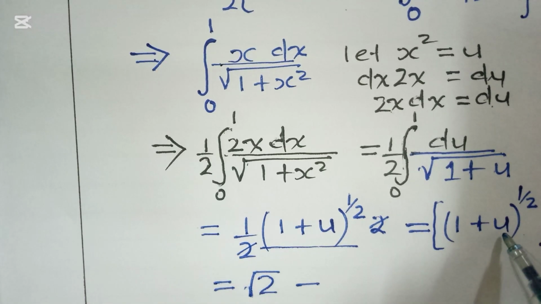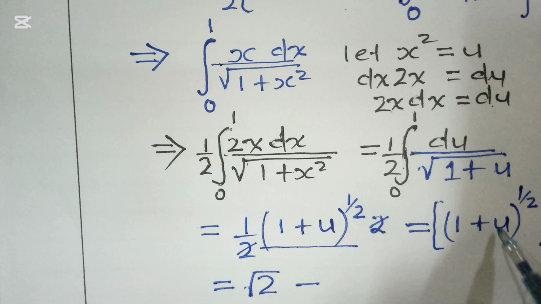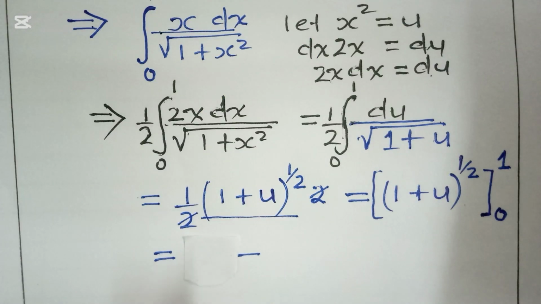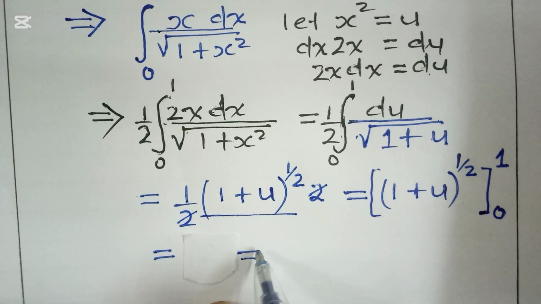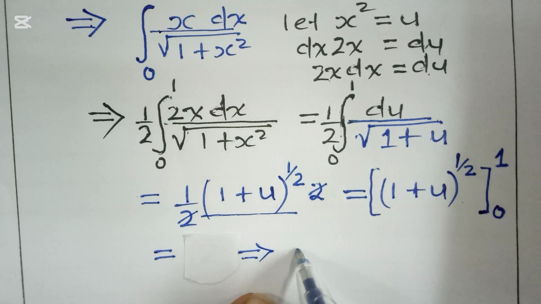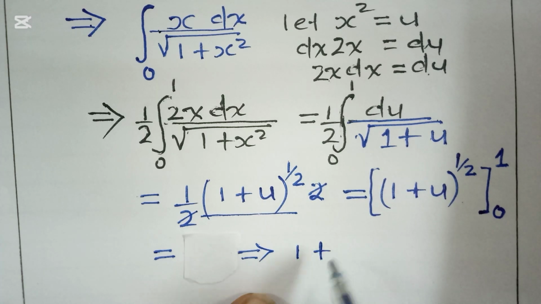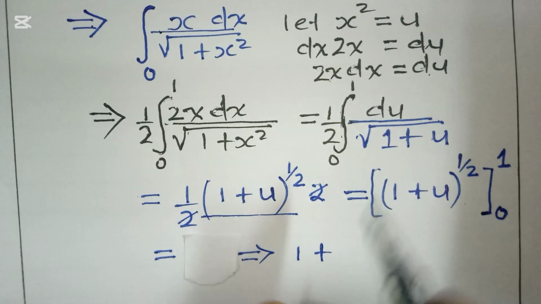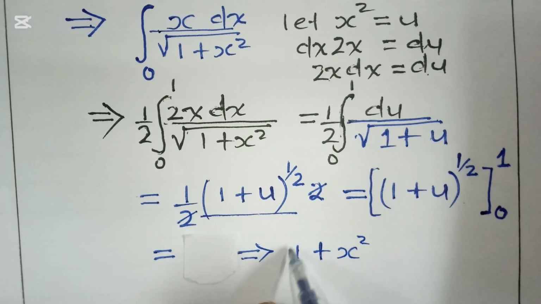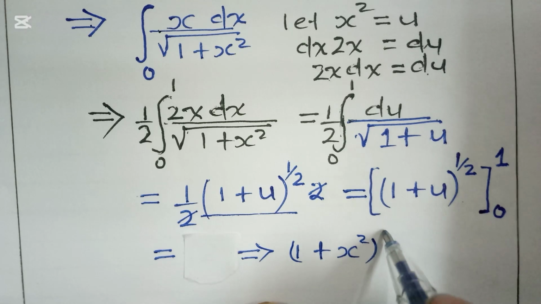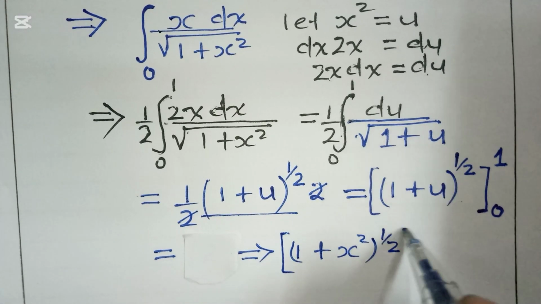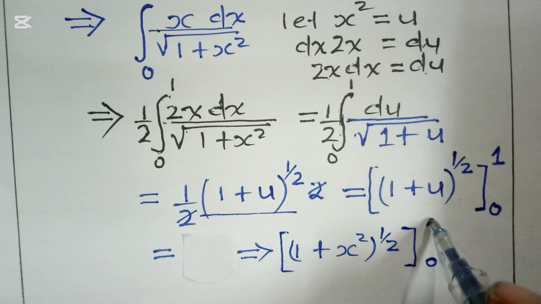We first of all put x squared here, because u is equal to x squared. This will be equal to 1 plus u, the u is going to be x squared, like that. Here we have a half, and the limits are going to be from 0 to 1.